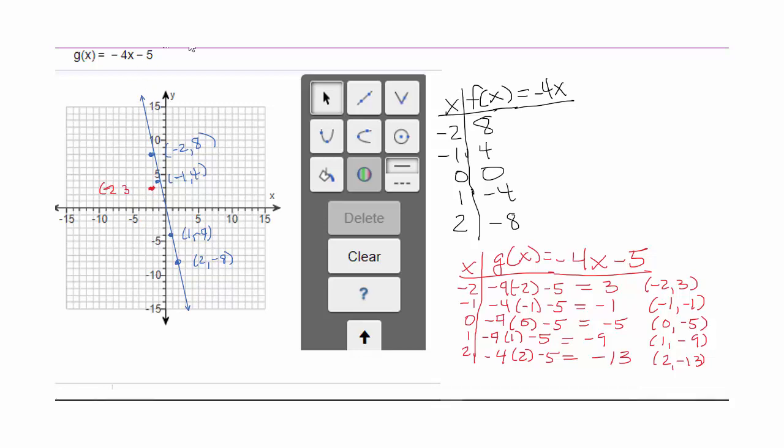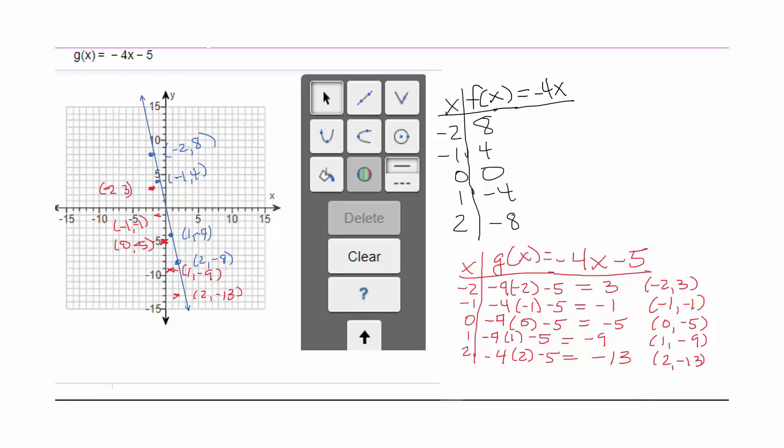All right, -1, -1 would be here. 0, -5 would be here. 1, -9 would be here. And 2, -13 would be here.